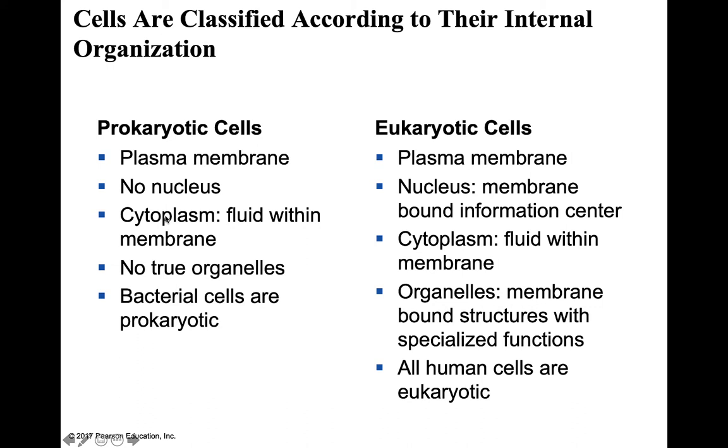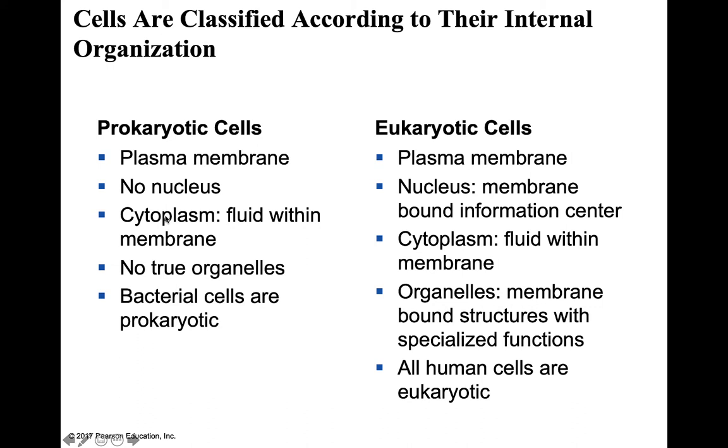Now, let's compare it to eukaryotic cells. These are more advanced and have more advanced structures. They do have the plasma membrane, as do prokaryotic cells, but they do have a nucleus, and that nucleus is membrane bound and will act as the control center for that cell. Within the membrane, there's a fluid known as cytoplasm, which is also a characteristic of prokaryotic cells.